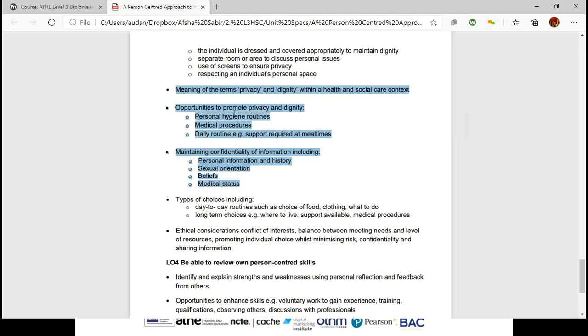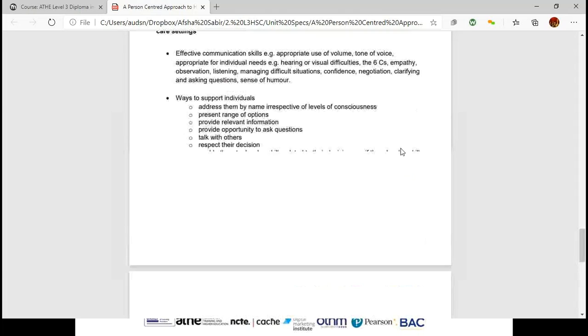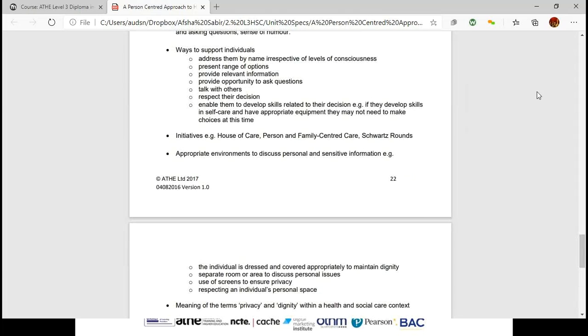It's about how you're using opportunities to promote privacy and dignity, how you're maintaining confidentiality and so on, and then how you're giving them choices day to day. And then you've got the ethical considerations just at the bottom here. Then this is how you're promoting them to make their own individual choices, which is 3.3. So are we all okay with that little section there?